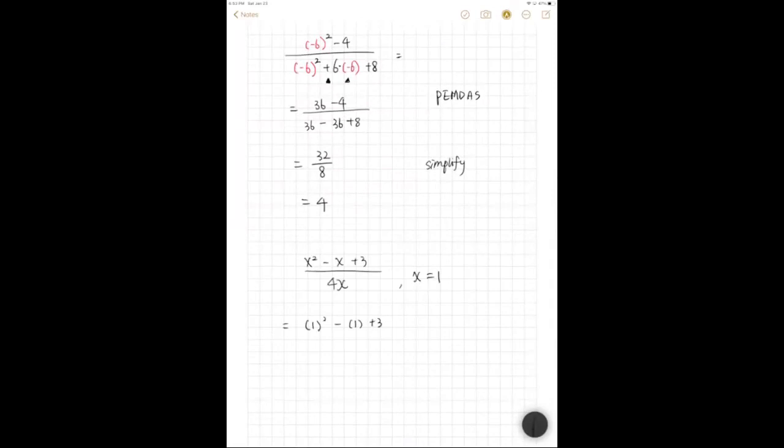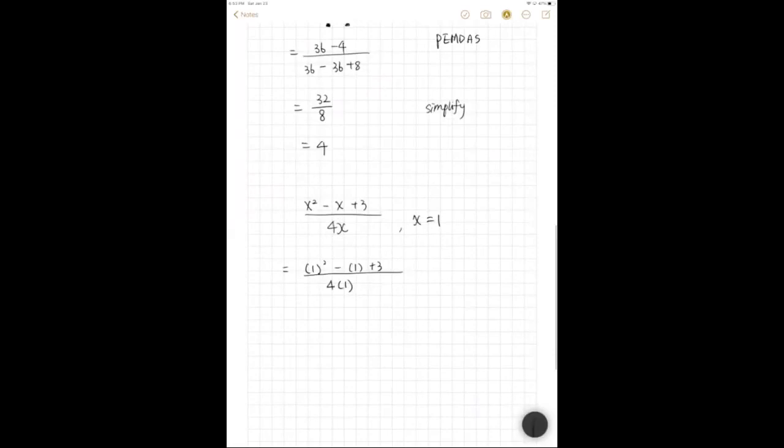Since this is a positive number, you don't really need to put a parenthesis, but I always put a parenthesis, just my habit, just in case, to prevent me from making some silly mistake. Okay, I have 1 squared minus 1 plus 3 over 4 times 1 is 4. So I will have 3/4. That would be my answer.